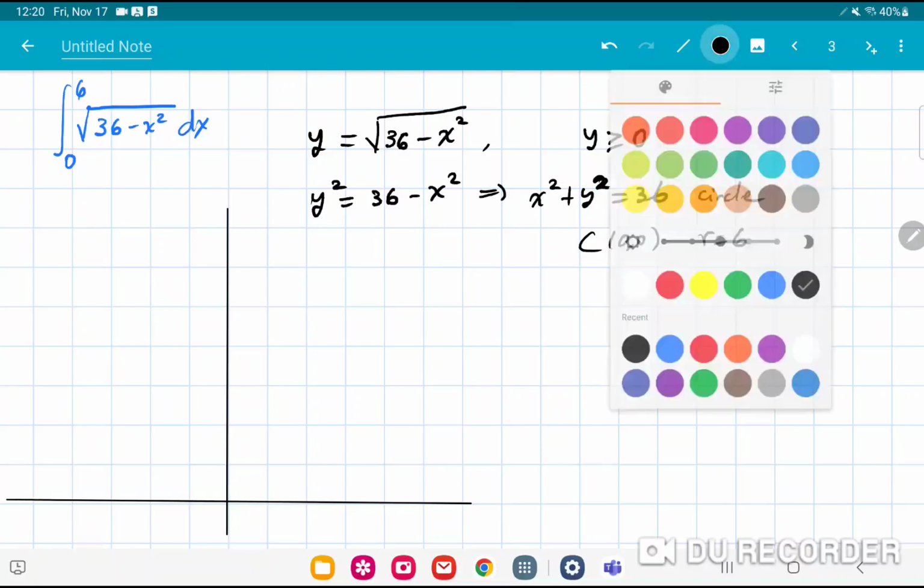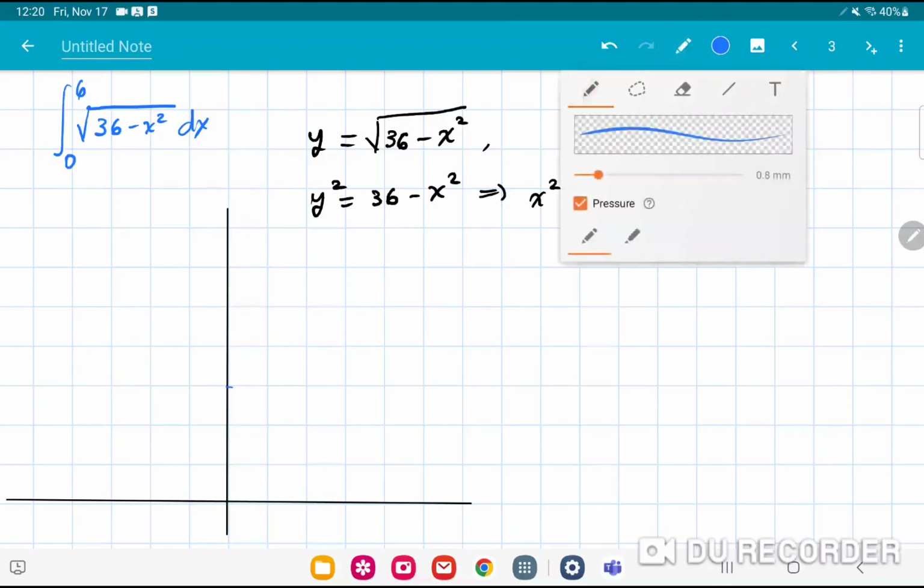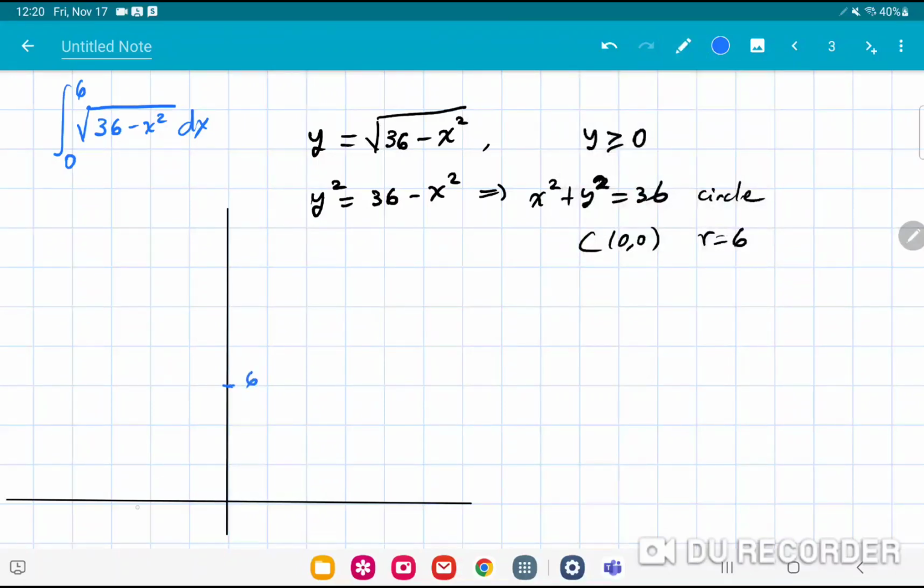I'm just going to scale it to 6 here, 6 here, 6 here, and do a circle of radius 6 units. That's the graph of the function y equals square root of 36 minus x squared.